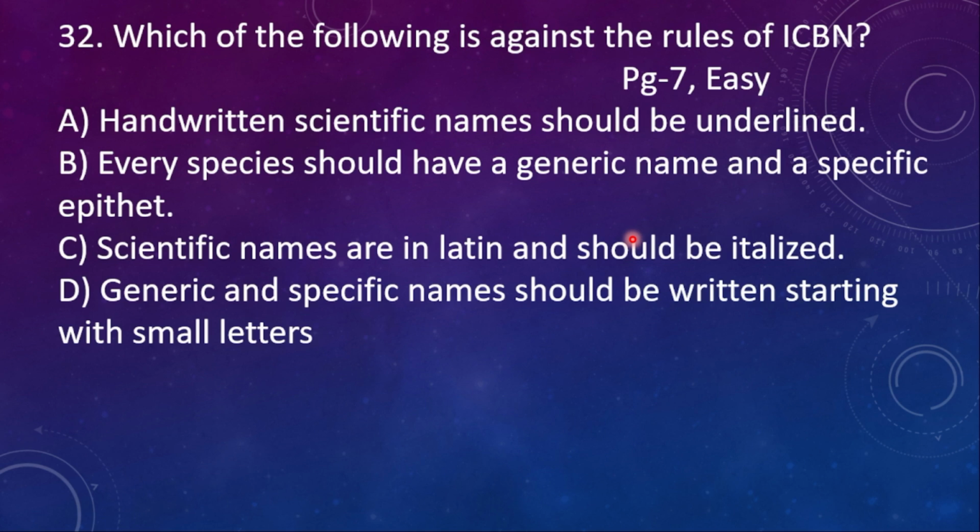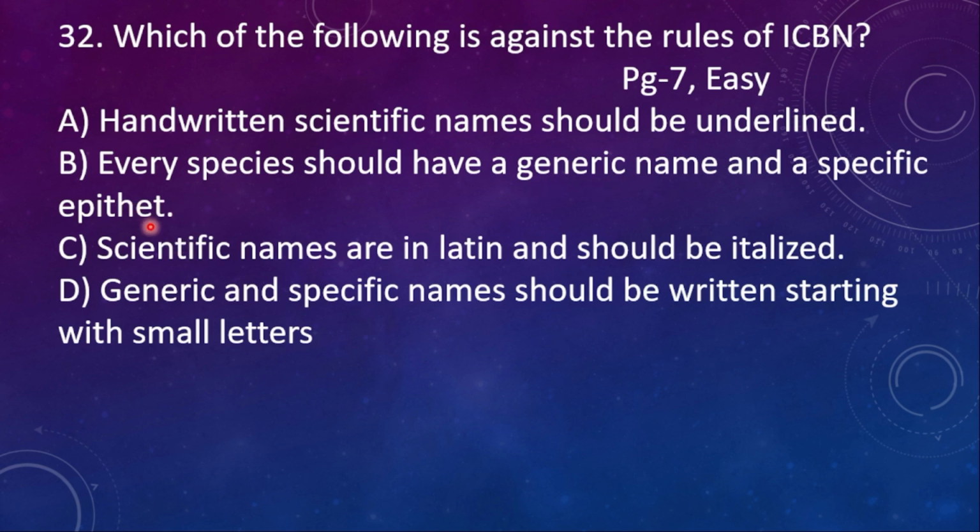And then question 32. Which of the following is against the rule of ICBN? He is asking against the rule of ICBN. Handwritten scientific names should be underlined. This is correct and it is a rule of ICBN also. Every species should have a generic name and a specific epithet. Yes, of course.